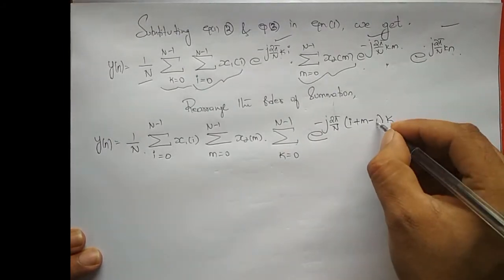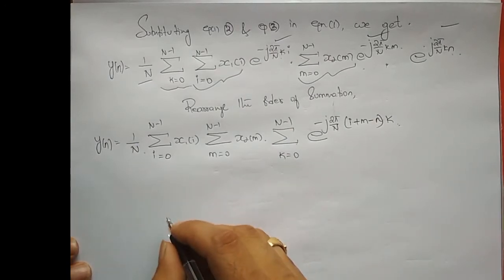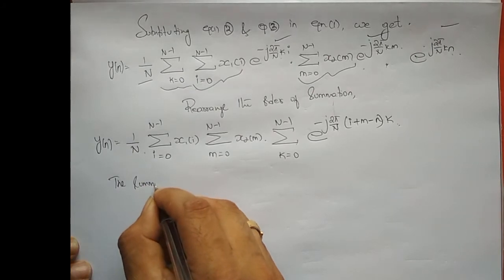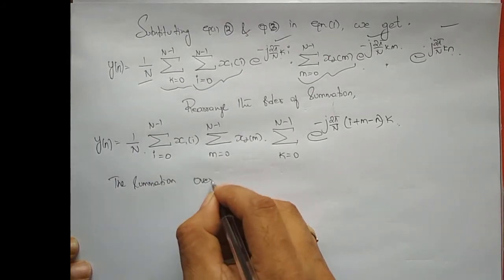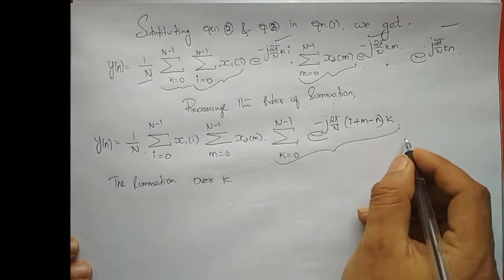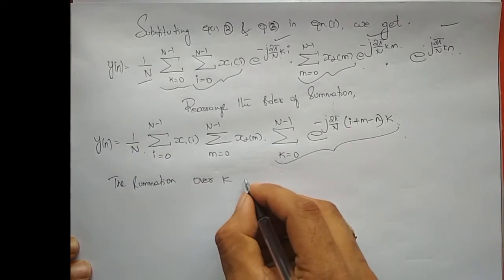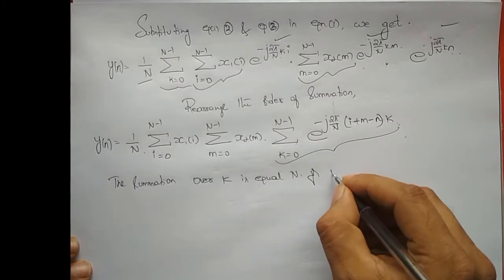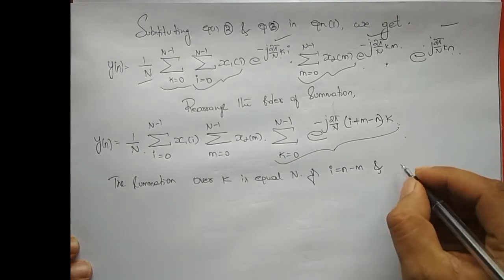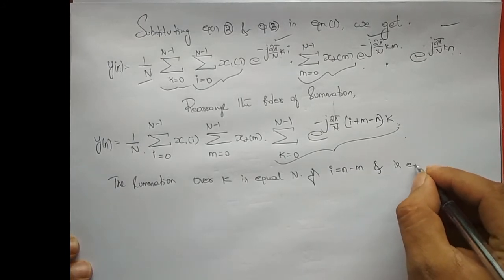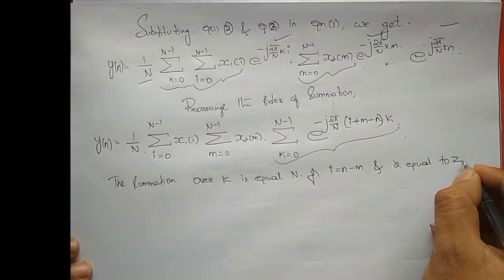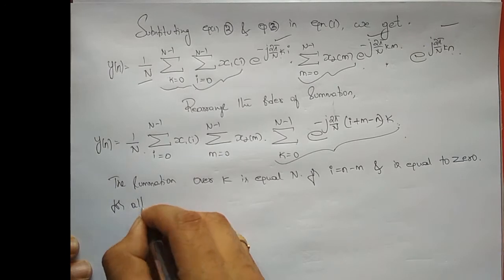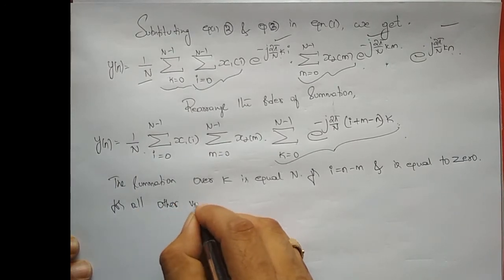Here it is n. Fine. So in the next step, the summation over k of this term is equal to N for i equal to n minus m, and it is equal to 0 for all other values of i.